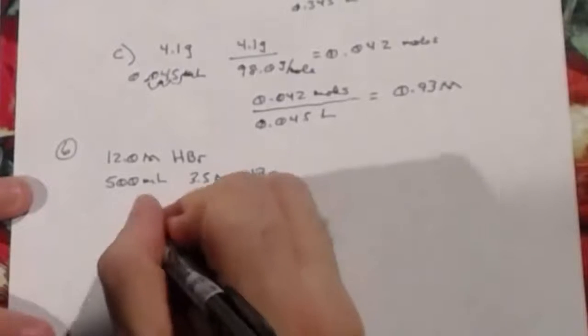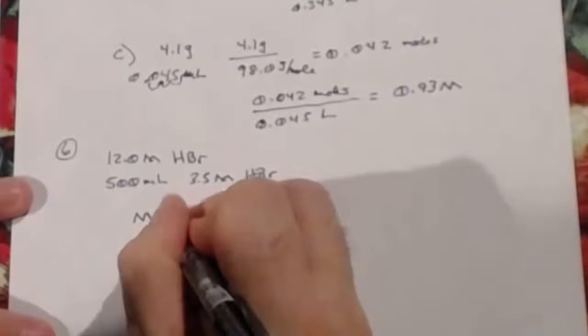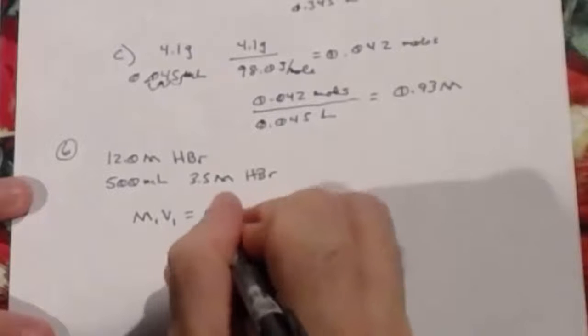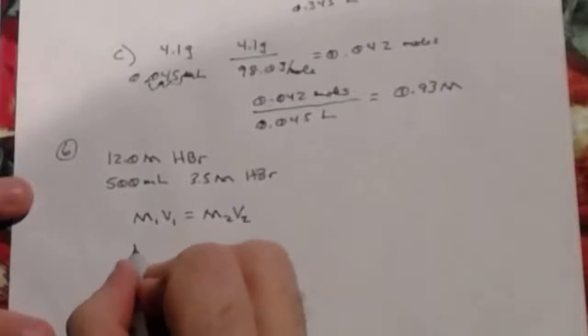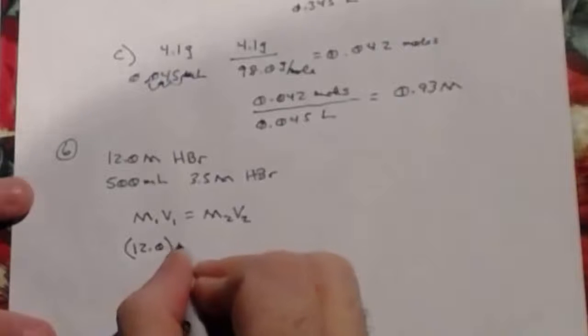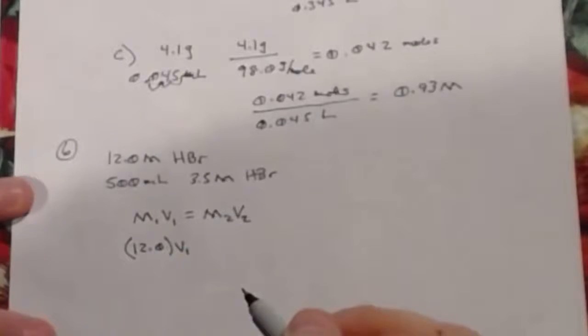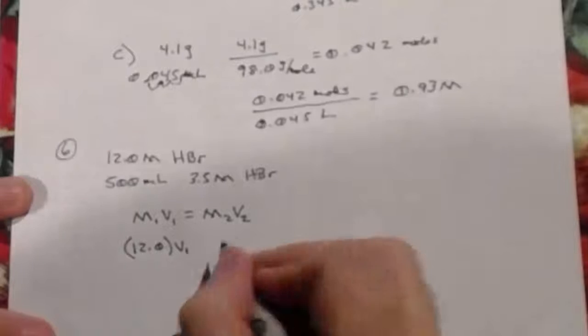So we're going to be diluting it. Of course, the dilution equation: the molarity to start and the volume to start is equal to the molarity at end and the volume at end. In this case, we have a molarity to start of 12.0 molar, and we have an unknown volume of that which we're going to use to make the end state.